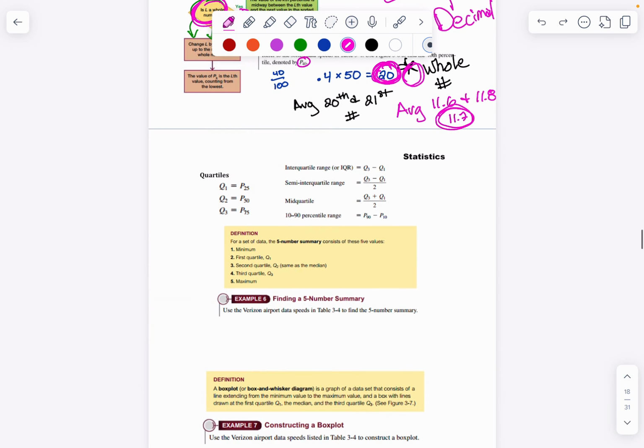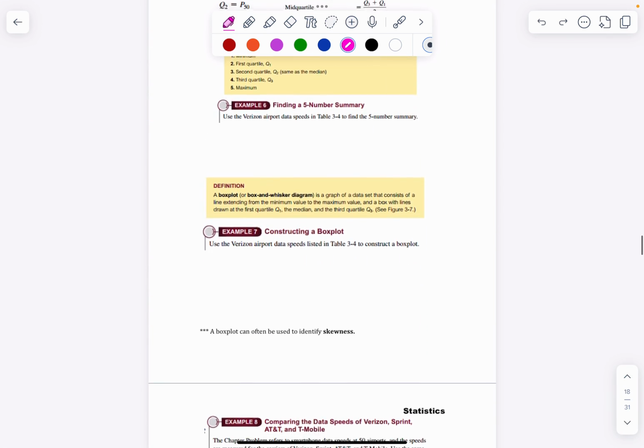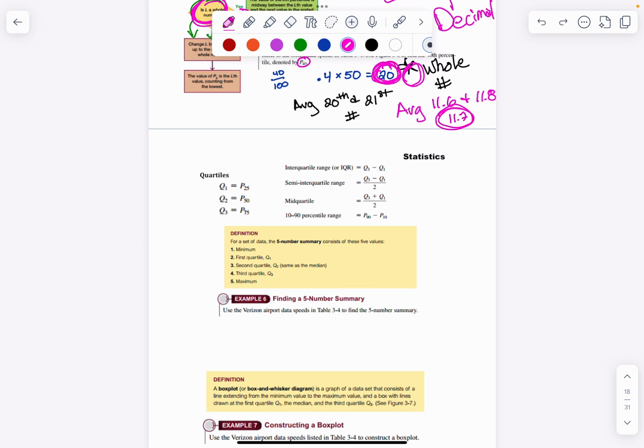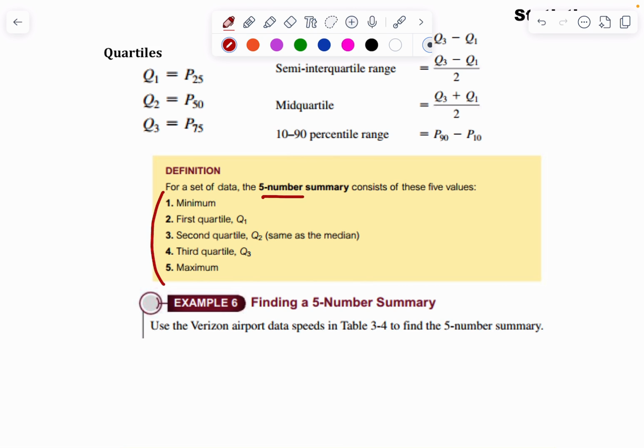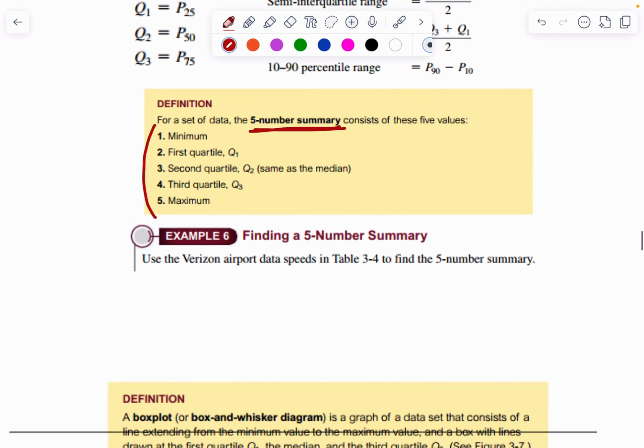All right, now we're going to talk about box and whisker plots. Okay, example 6 is box and whisker plots, okay? And the thing that you need to make a box and whisker plot is you need what's called the 5-number summary, okay? On your homework and on your test and everything, I'm going to ask you for the 5-number summary, and here's what it is, okay?